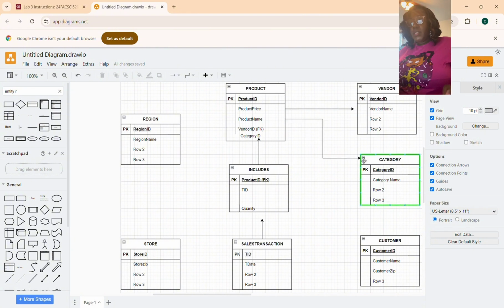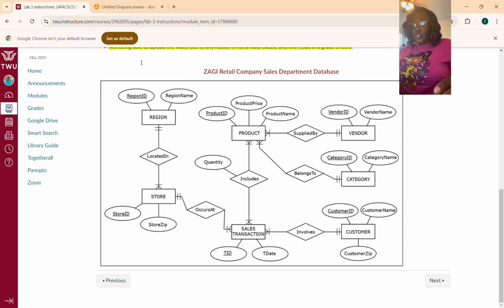So then when we go down here at customer, you have another one-to-many relationship, right? You look at it again, you have the sales transaction, which is closer to the M. So what you're going to do is take the store, no, not the store.